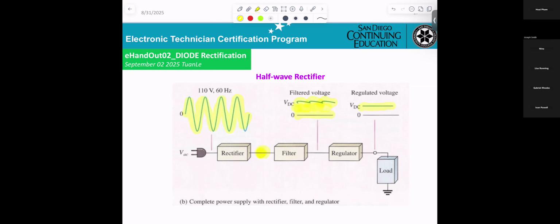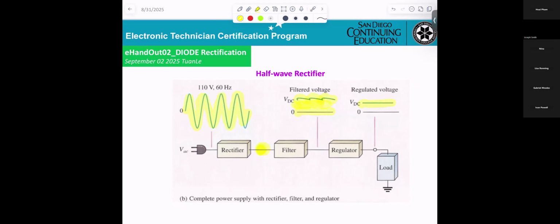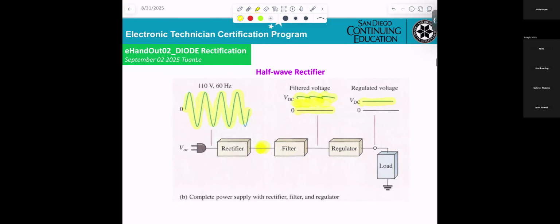And the filter later on will basically be just a capacitor, which tries to short that ripple to the ground. That's why you can get a DC. So half-wave rectified, they give you the output VDC.